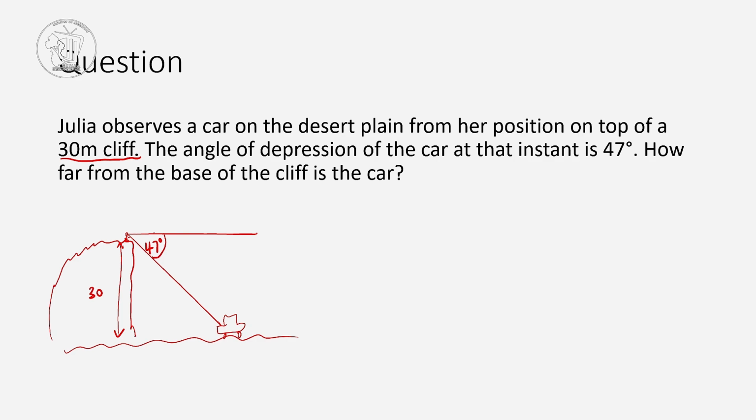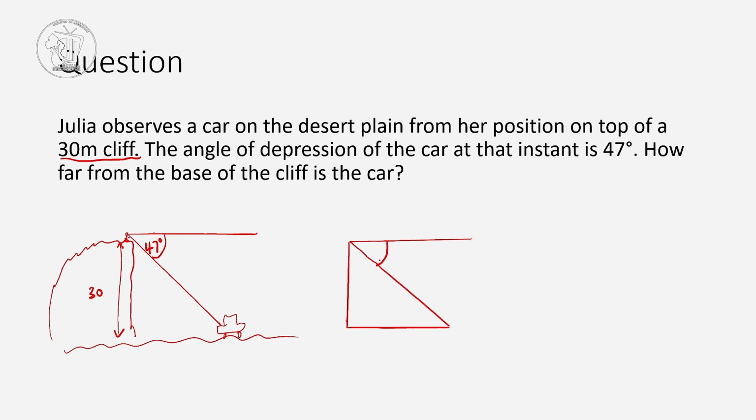So first of all, let's draw a line to represent the 30 meters cliff. And then you see we have the line of sight for Julia. And then we have the angle of depression, and then we draw in the right angle.